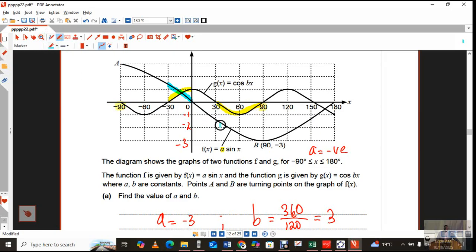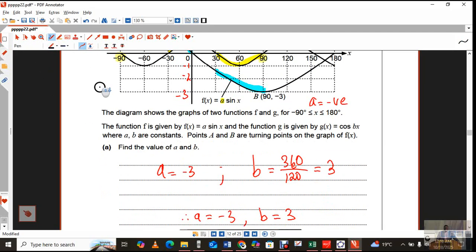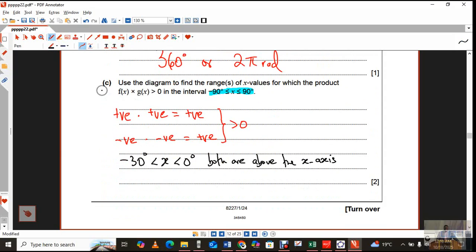If you look at this graph from here up to there, both of them are below. The other one is still below, but the other one now here is on top. Can you see that? So it's also then from the range of 30 degrees to 90 degrees. That's basically what you're supposed to look at there. So the other one will be between 30 degrees and 90 degrees.